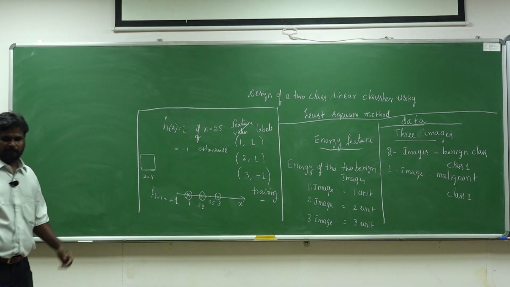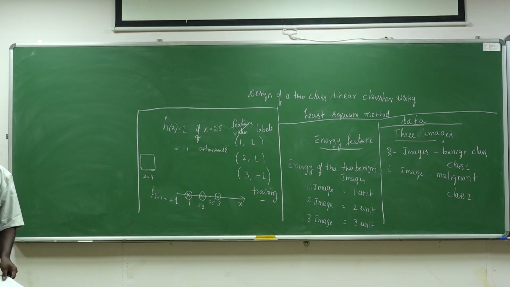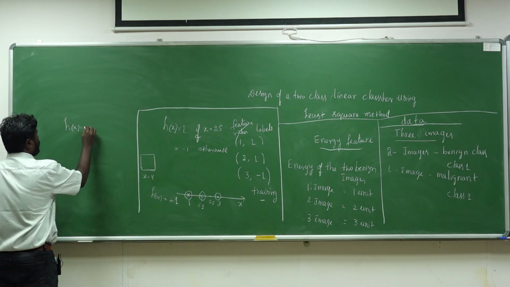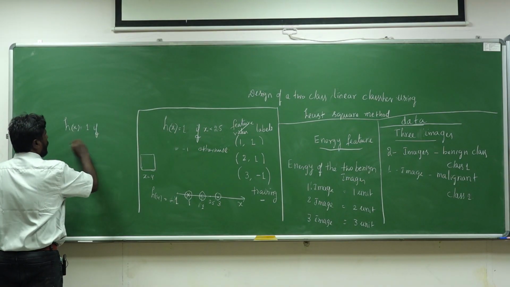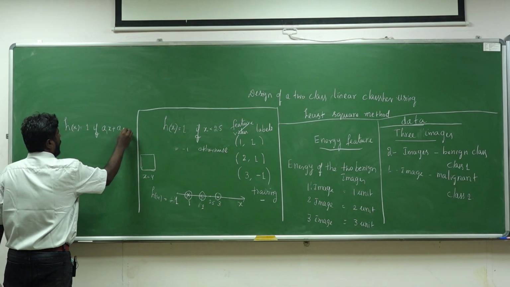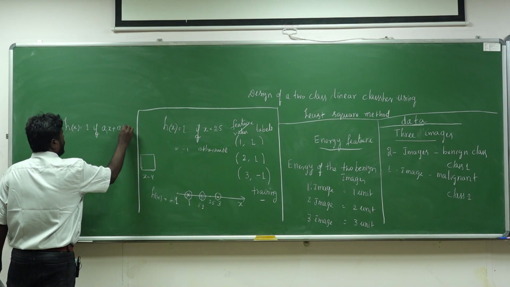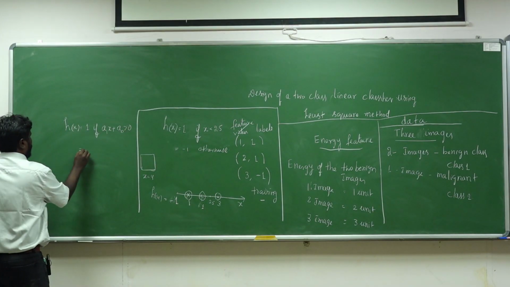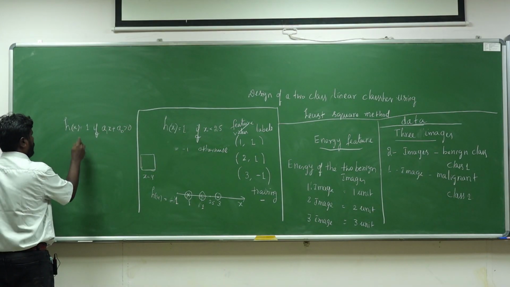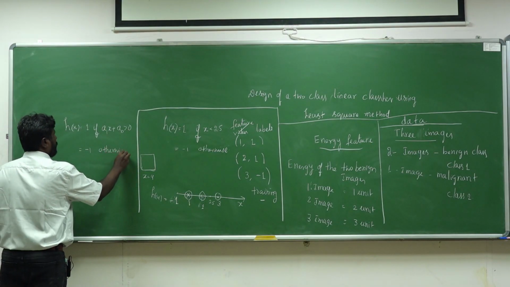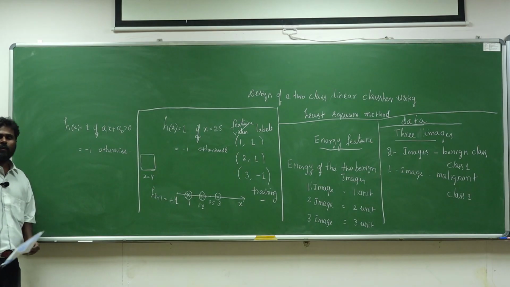In general, I can define the classifier like this. In general, h of x is equal to 1 if a1x plus a0 is greater than 0, and h of x is -1 otherwise. Why am I saying in general?